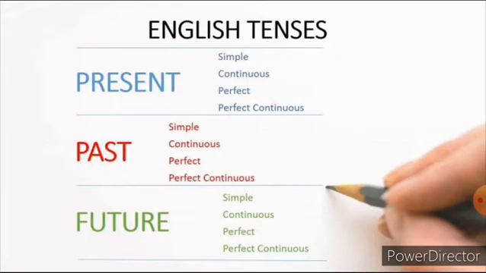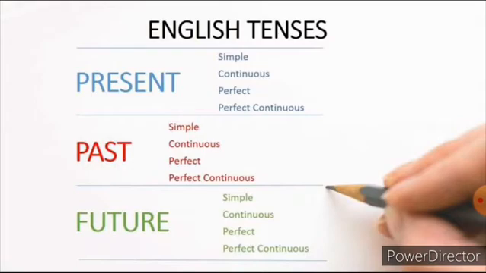There are 12 tenses. First one is the simple present. The next one is the present continuous, present perfect. Fourth one is the present perfect continuous. And fifth is the past, that is simple past. The next past continuous, past perfect, and then past perfect continuous.